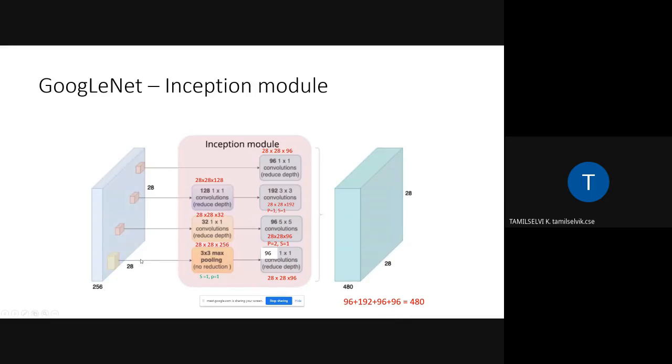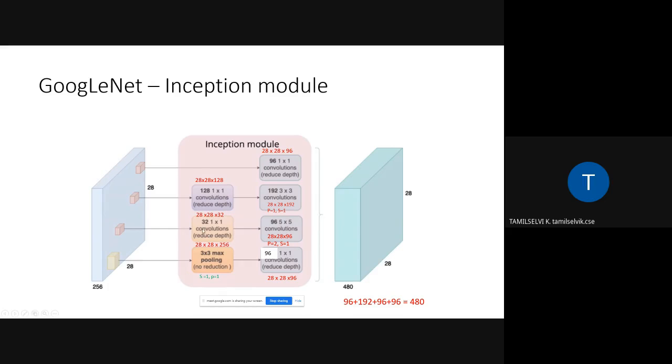Because of 1x1 convolution, this is reduced to 28 cross 28 cross 1. Since there are 128 filters, you will have 28 cross 28 cross 128. This is the output of this phase.